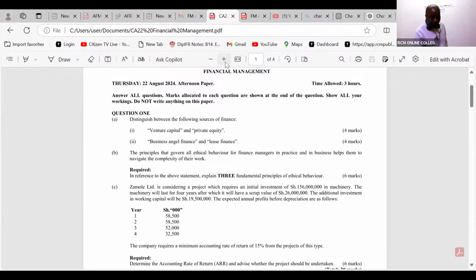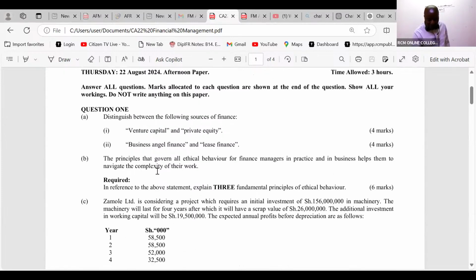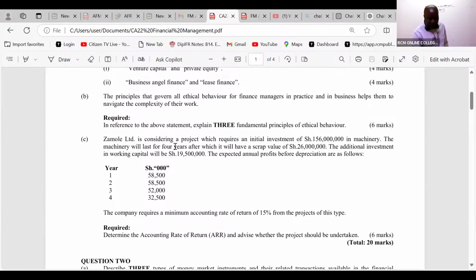Now, ladies and gentlemen, in part C, what are they telling us here? They are telling us that Zamole Limited is considering a project which requires an initial investment of shillings 156 million in machinery.